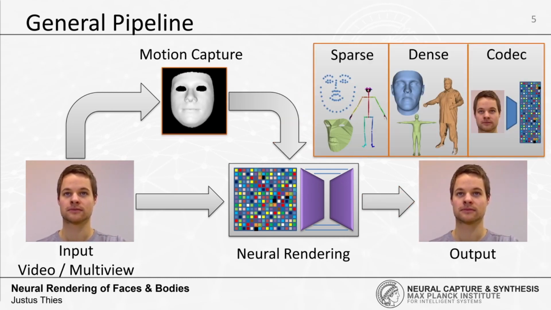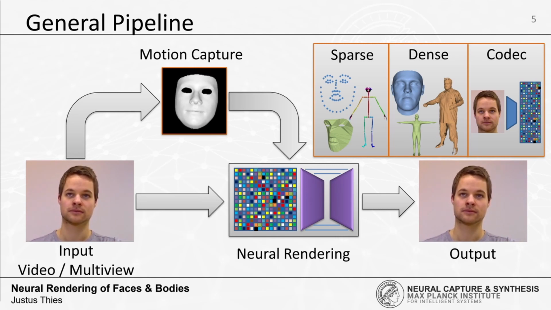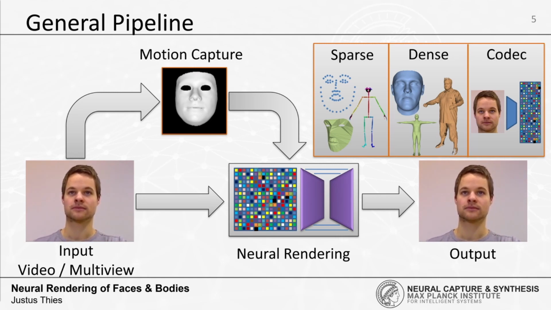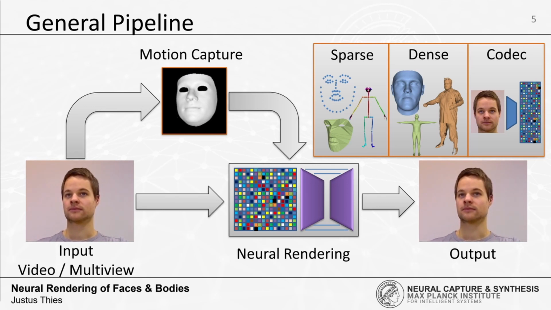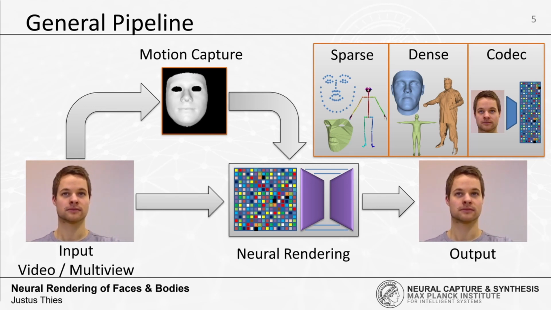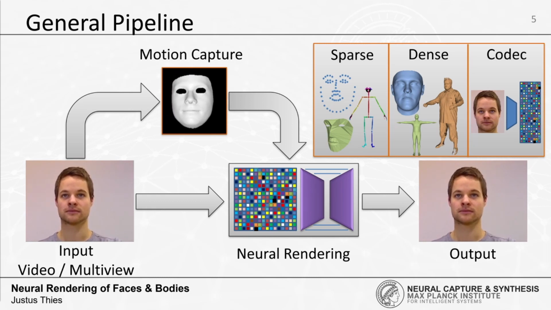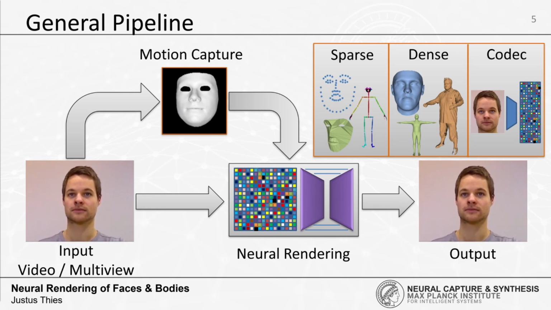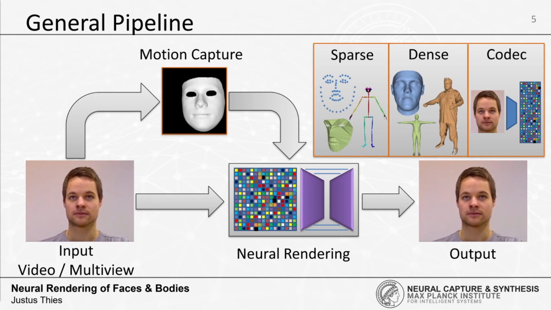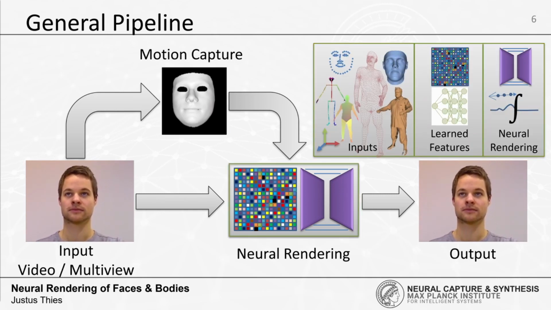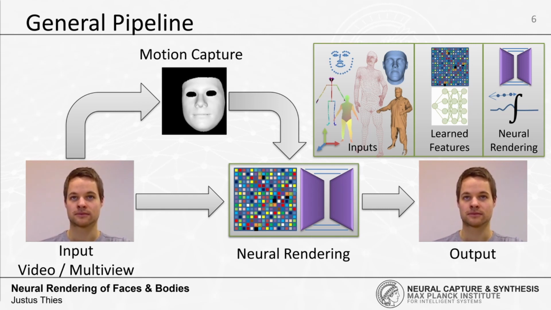For the motion capturing, there are different representations and strategies. On one side, you have model-based or 3D geometry-based representations that can be estimated either using optimization or a learned regressor. On the other side, you have some sort of codec or latent code that is representing the expression state of the human. Given these extracted motion states, a neural rendering approach can be applied.